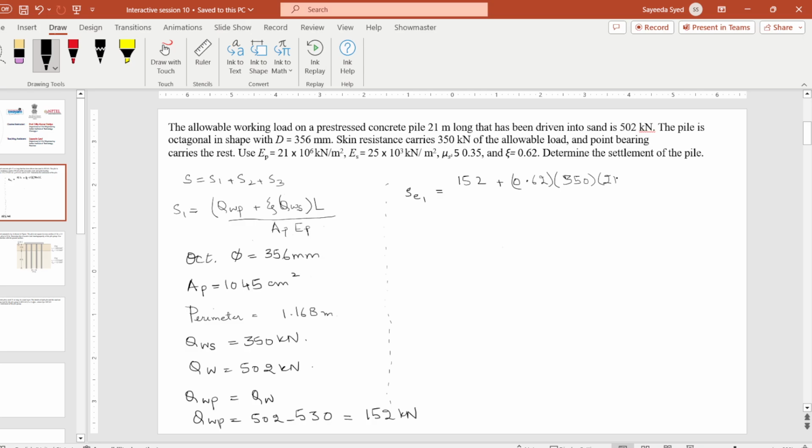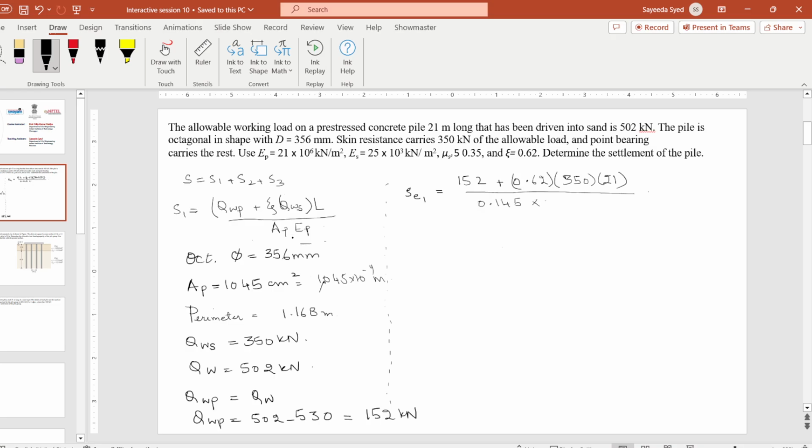This will be 1045 into 10 to the power minus 4 meter square, so we can write here 0.145 into EP.